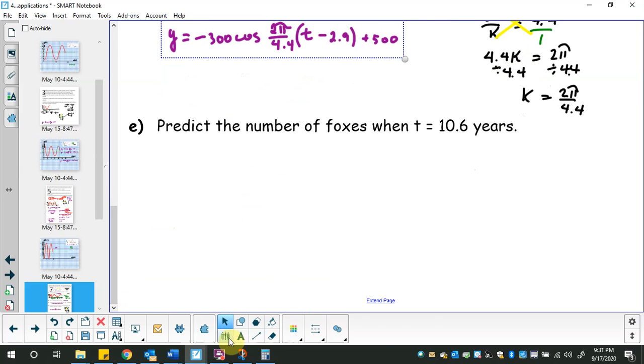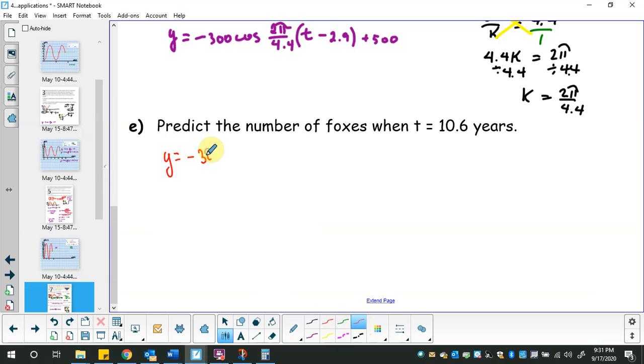So that little box of information, I'm going to do this in black. No, I'm going to do it in red because I've got the thin red. So y equals negative 300 cos 2 pi over 4.4 times (t minus 2.9) plus 500, where t is 10.6.